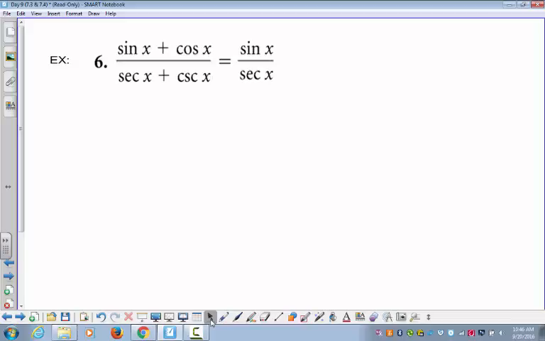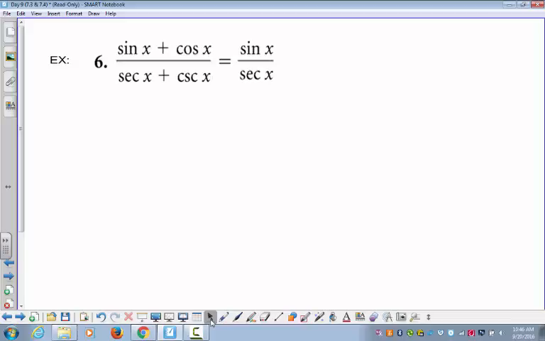Our main identity for Pythagorean is that. And if you subtract cosine squared to the right side, you get that.